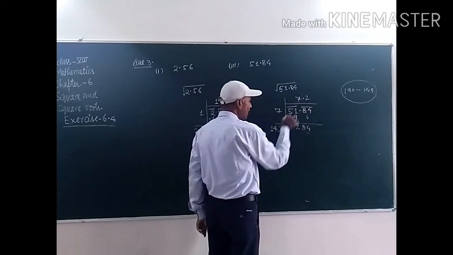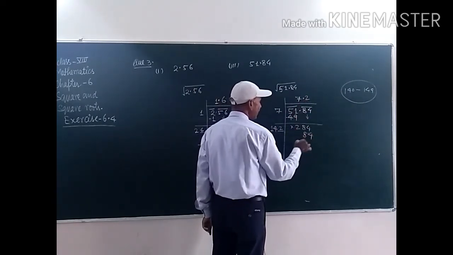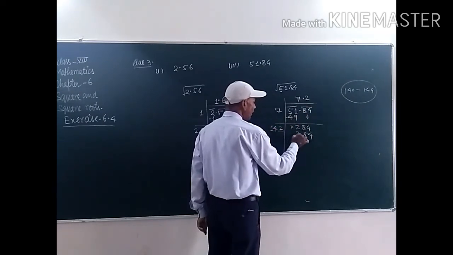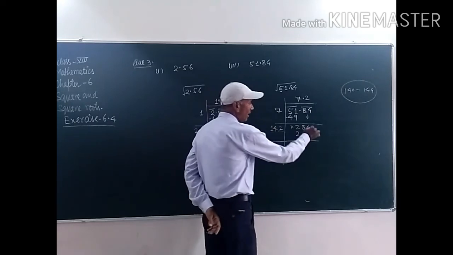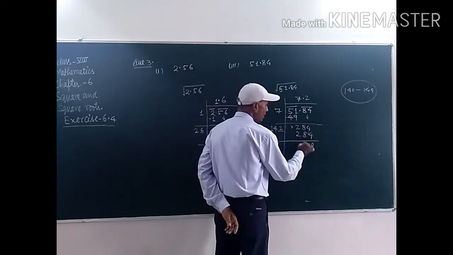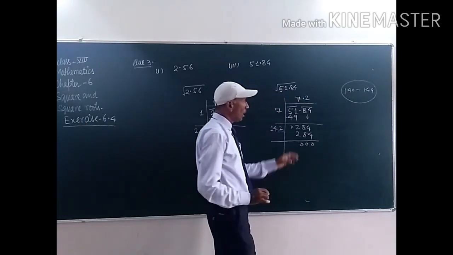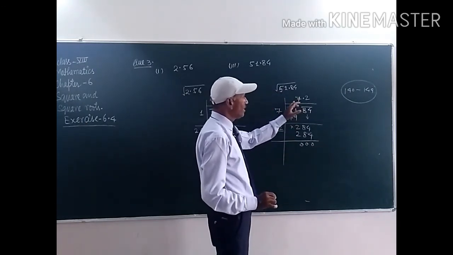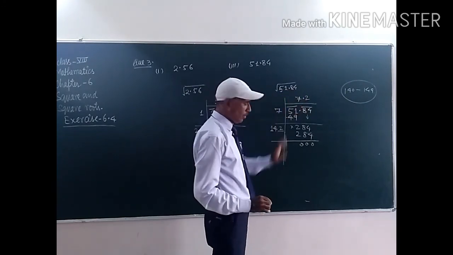So multiply this: 2 2s are 4, 2 4s are 8 and 2 1s are 2. This number is 284, student, and the remainder is 0 and no bar is left here, student.